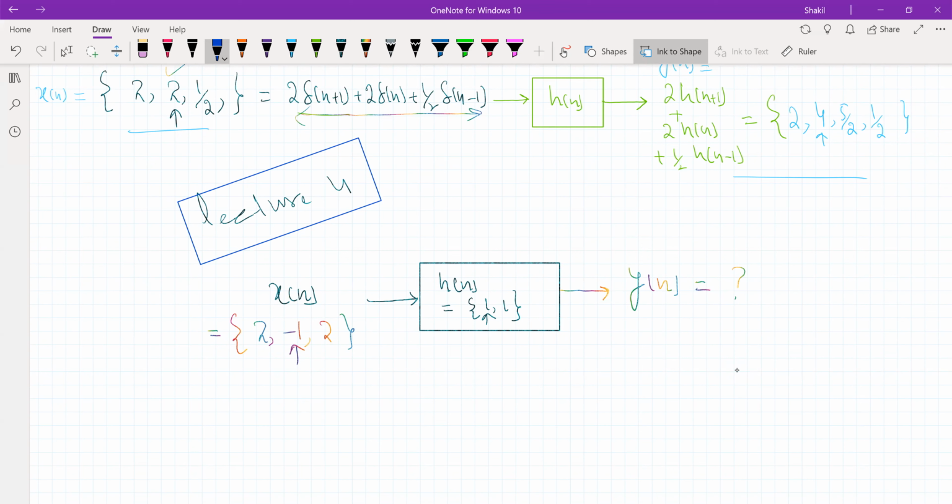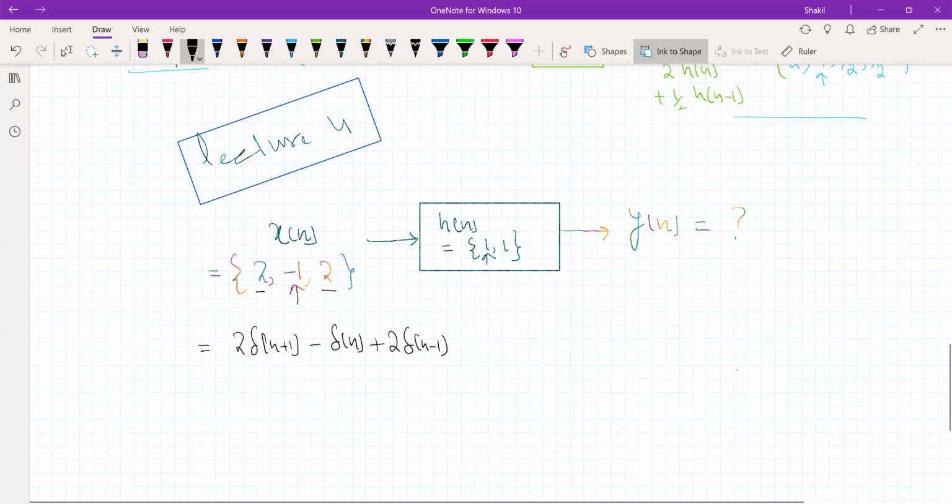But if you have followed this procedure here, you will say I can write this directly as twice delta n plus 1, minus delta n, plus twice delta n minus 1.